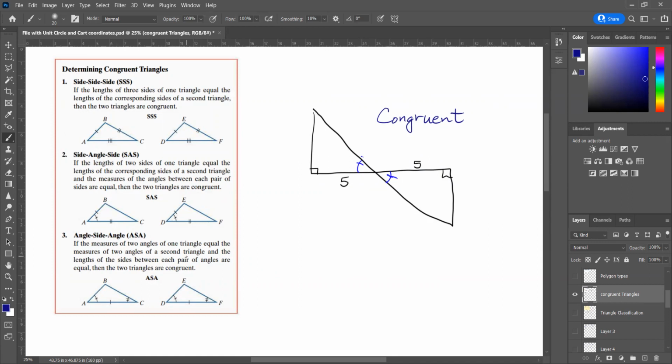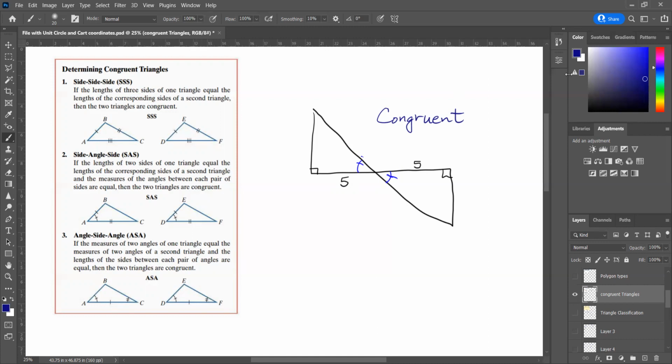And tell us why, whether it's side, side, side, side, angle, side, or angle, side, angle. And so you'll just pick the one that applies, which one of those three. And so you're looking for things even beyond what they show you. Maybe you need to look at vertical angles or something like that to prove that they are identical. Now notice we don't have here angle, angle, angle.